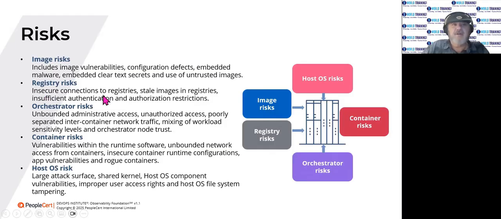You could have insecure connections to registries, stale images in registries, and insufficient authentication and authorization restrictions. You can also have orchestrator risks, so things like Kubernetes orchestrators: unbounded administrative access, unauthorized access, poorly separated inter-container network traffic, mixing of workload sensitivity levels, and orchestrator node trust is another type of risk.